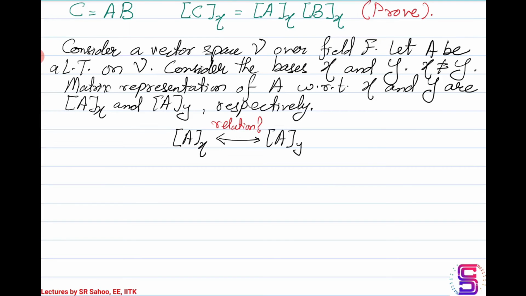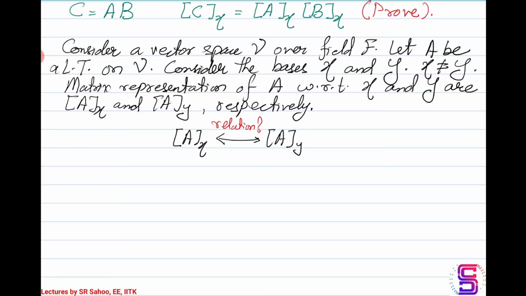When we said that given a linear transformation, the matrix representation with respect to the basis is unique, that holds for a fixed basis. But when the basis changes, the matrix representation might change. So we have two different bases and the corresponding matrix representations of a given linear transform. So how are these two matrix representations related?